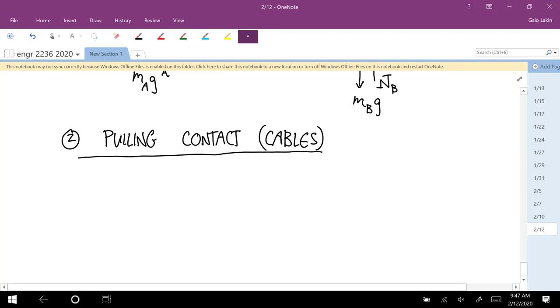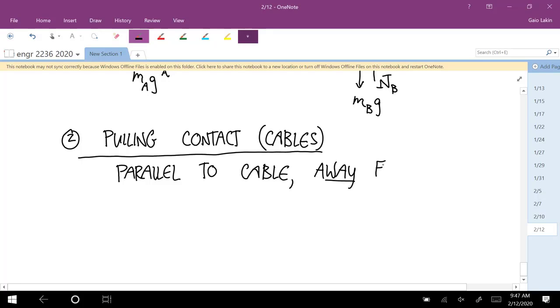And the rule for the direction of a pulling contact is parallel to the cable, away from the chosen body. So pushing was toward the chosen body, pulling is away.